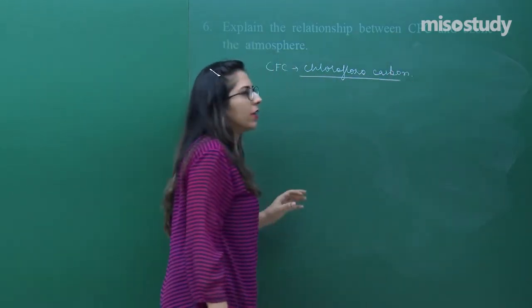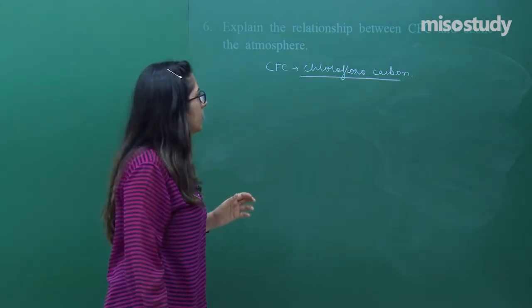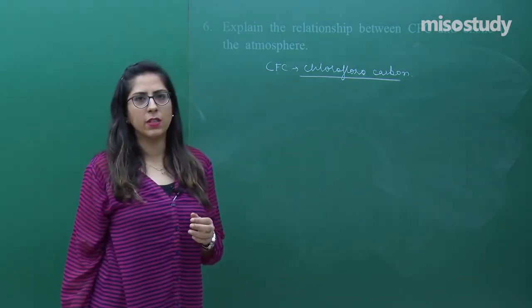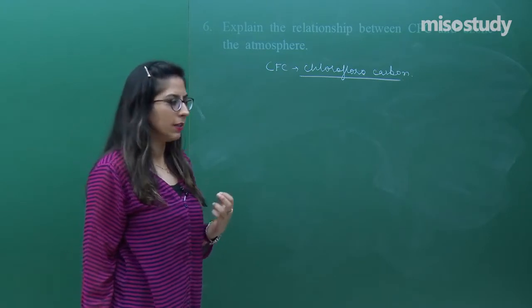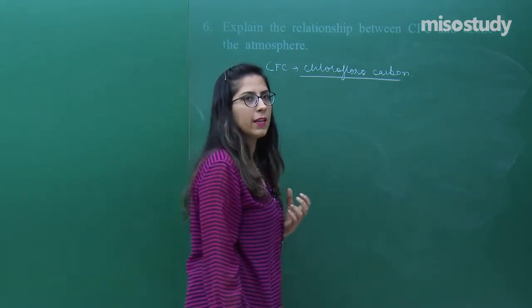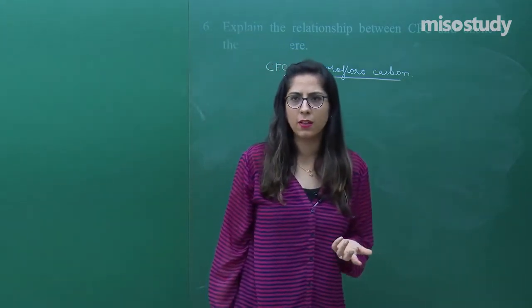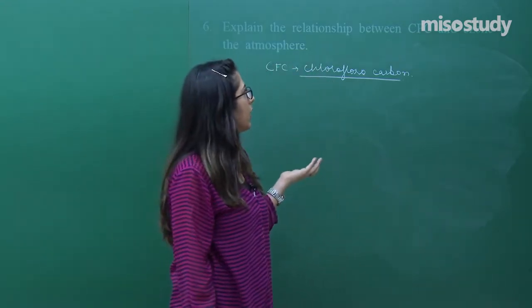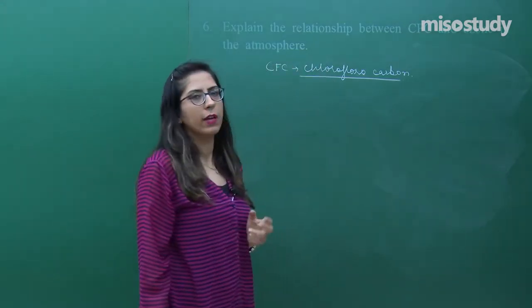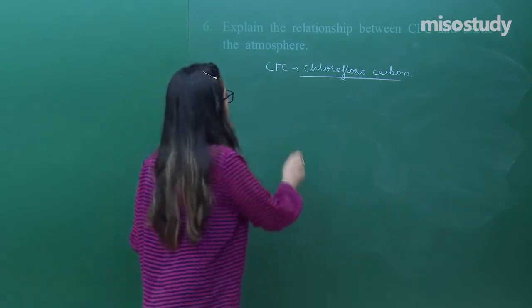Chlorofluorocarbon is one of the greenhouse gases, and this CFC comes from various instruments like AC and the refrigerator, which release this CFC. They cause a negative effect on ozone.